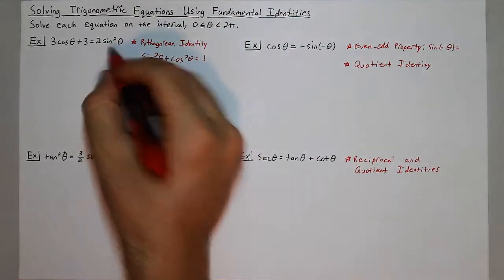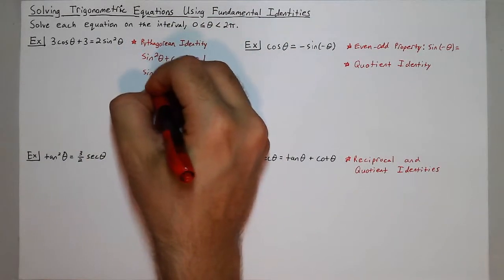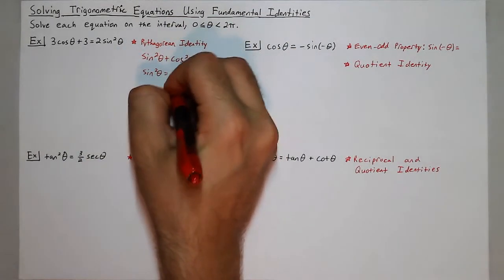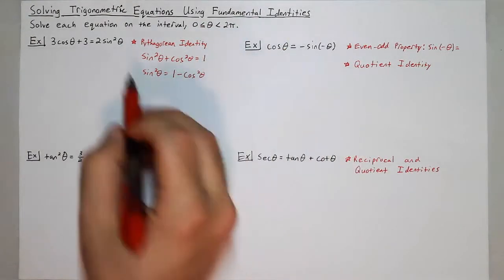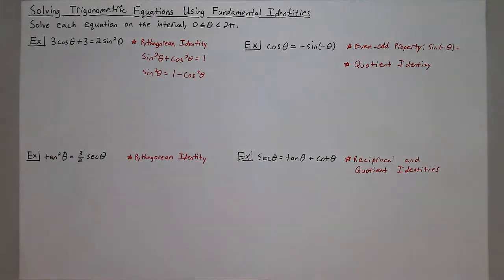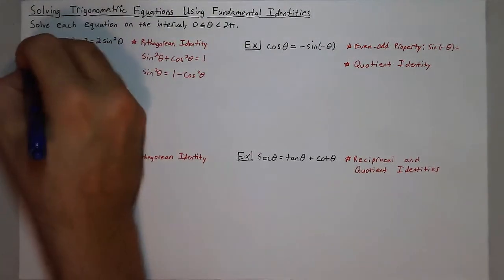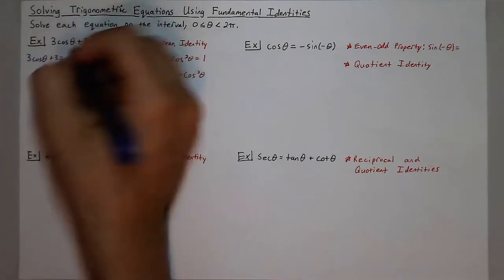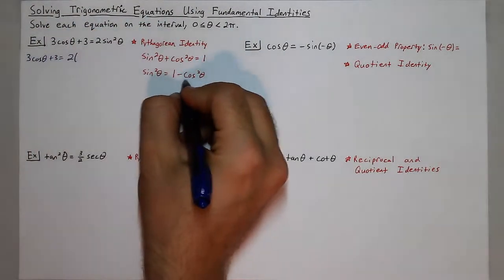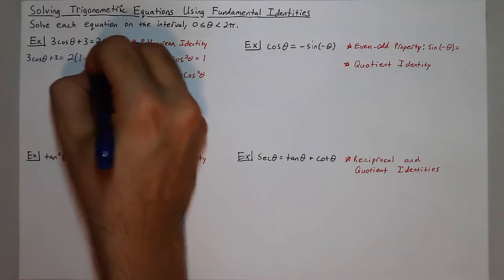So if I were just to get sine squared theta by itself, it could be rewritten as 1 minus cosine squared theta. So now I could rewrite this expression as 3 cosine of theta plus 3 is equal to 2 times 1 minus cosine squared of theta.